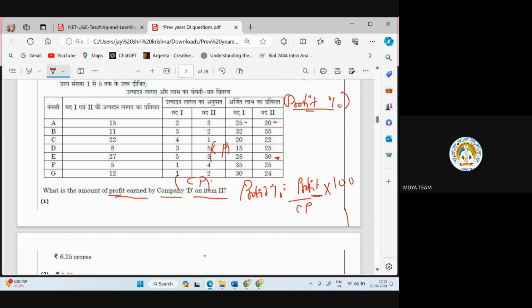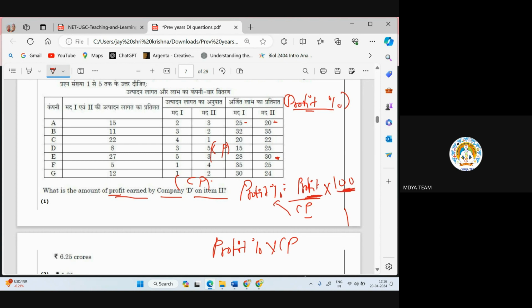You have to calculate profit here, so profit should be on one side and all the other things on the other side. Then only you can make a formula for profit. The cost price is in the denominator, in division, so it will go to the numerator in multiplication. We can write profit percentage into cost price, and 100 is in multiplication here.